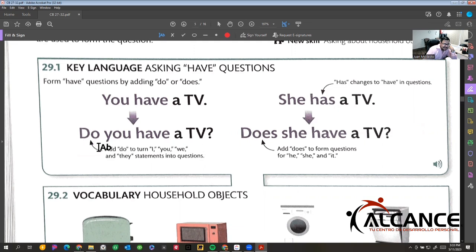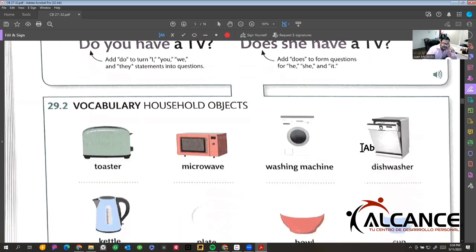Así es como se dice con pregunta. Do, para primera persona, do for first person, and does for third person, right? She has a TV. For third person is, does she have a TV, right?